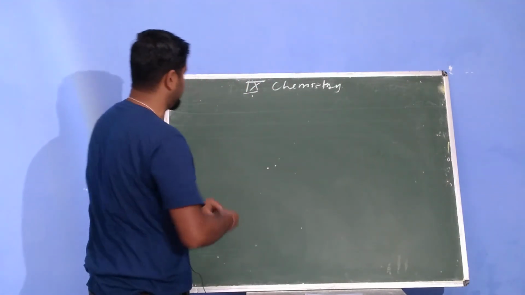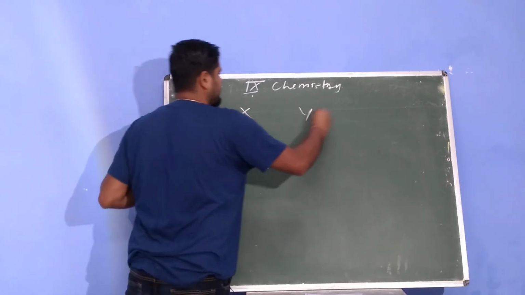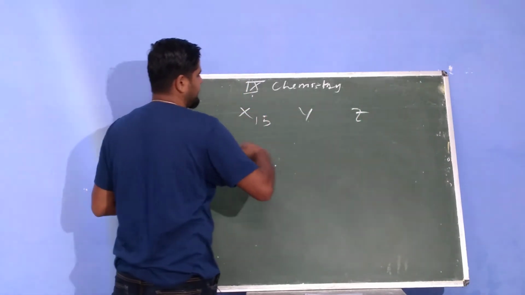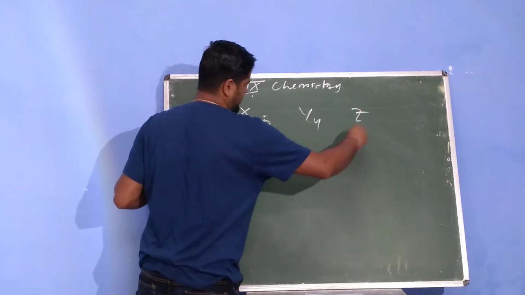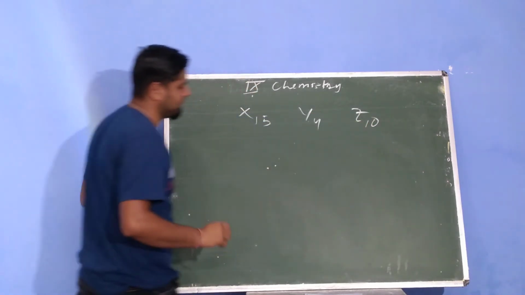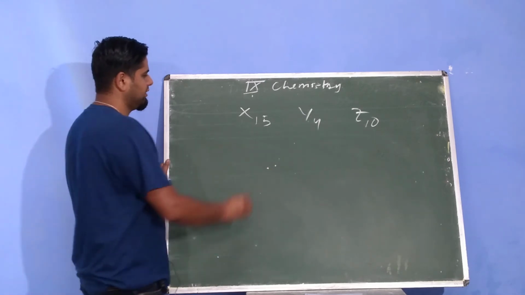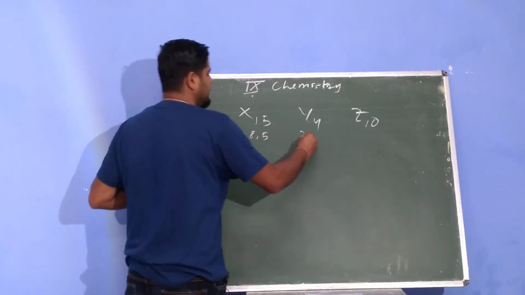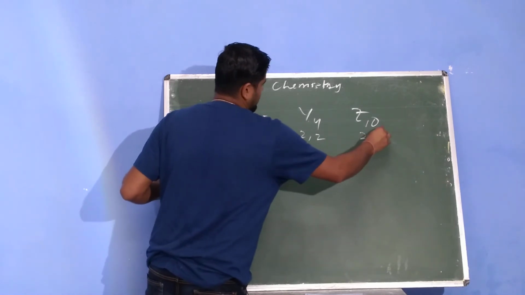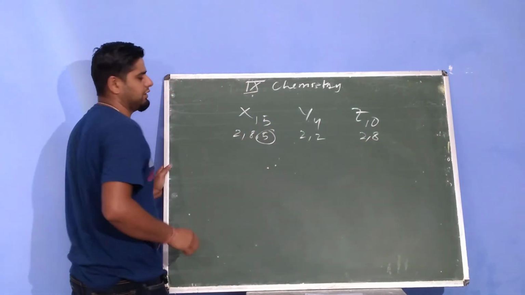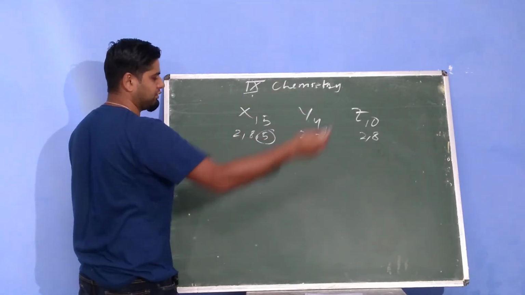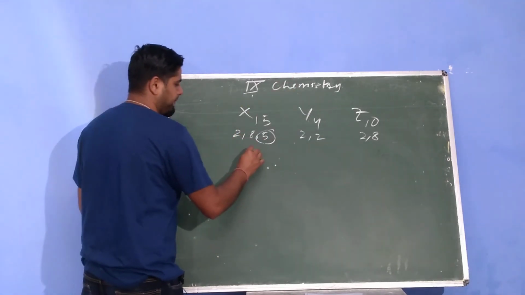If I give you X, Y, Z with atomic numbers 15, 4, 10, and you are asked to find the valency, then simply you do the electronic configuration first. For 15, it is 2-8-5. Five valence electrons is there, but valency cannot be 5, so you have to subtract from 8. 8 minus 5 is 3.